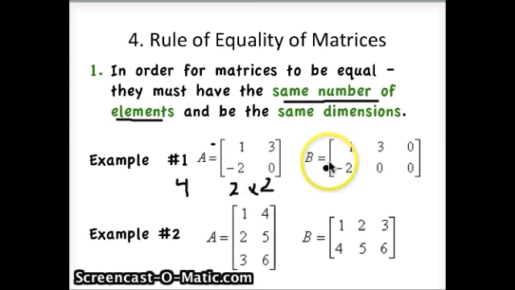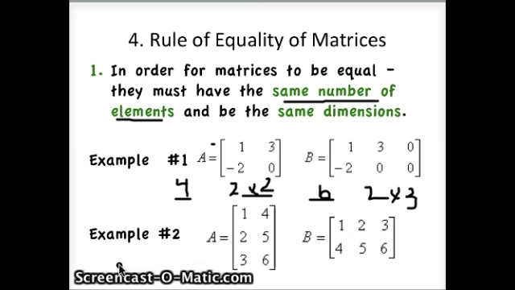Matrix B has 1, 2, 3, 4, 5, 6 entries or elements, and it's 2 rows by 3 columns. So 2 by 3. So we know that these matrices cannot be equal because not only do they not have the same number of elements or entries, but they are not the same dimensions. So these cannot be equal.